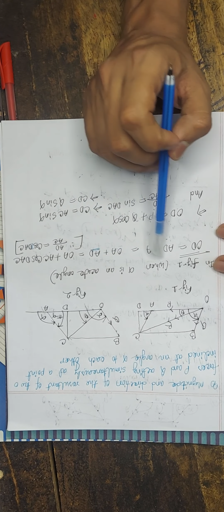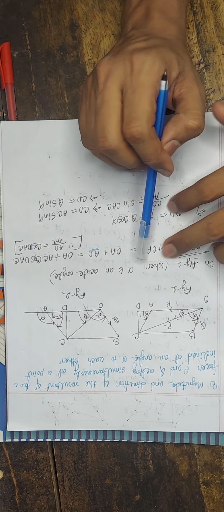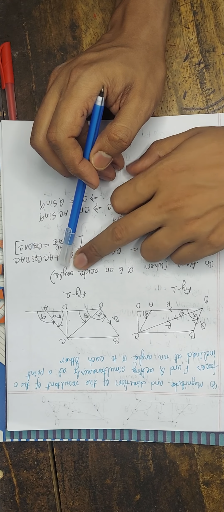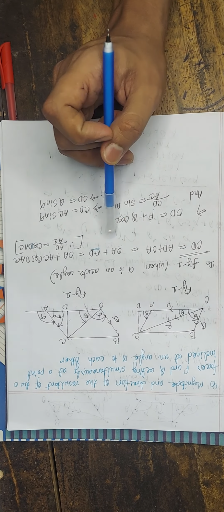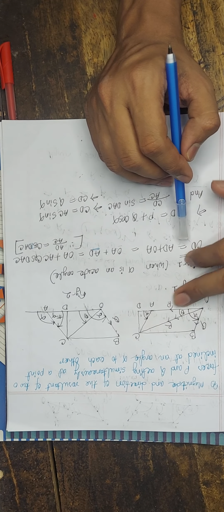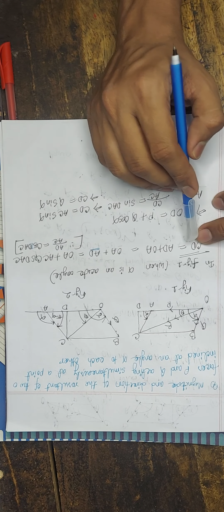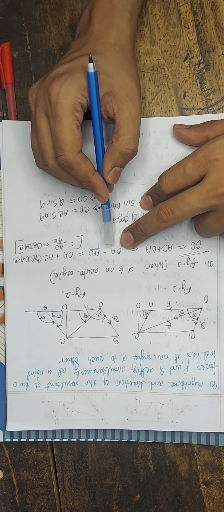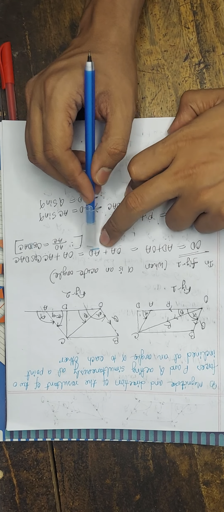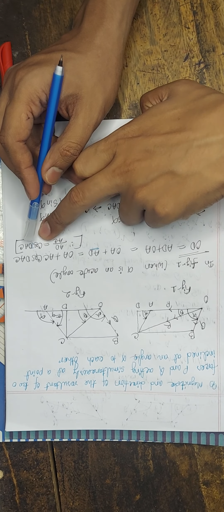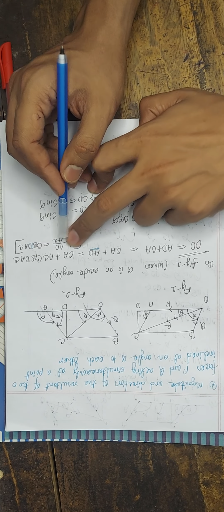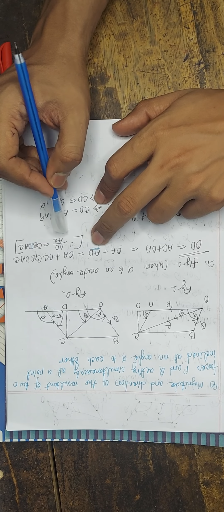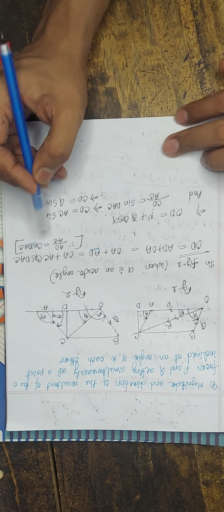Now for figure 1, when alpha is an acute angle, here acute angle means it is less than 90 degrees. So for this figure, OD is equal to OA plus AD. But AD by AC is equal to cos DAC, so AD will be AC cos DAC.